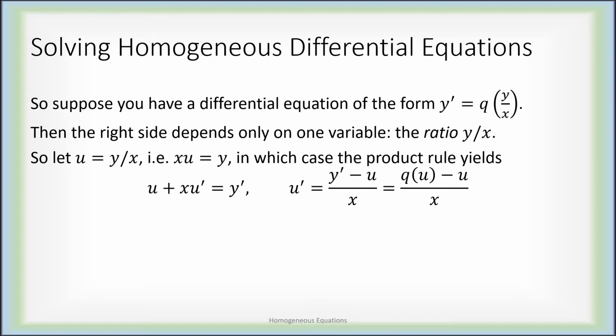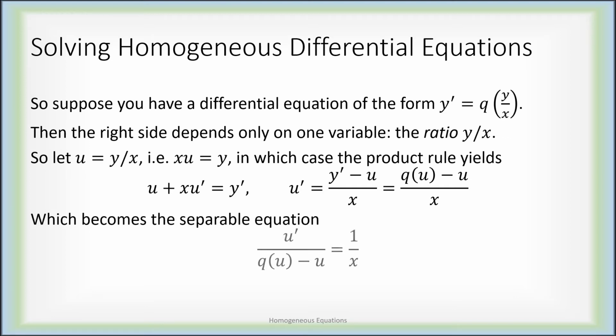Now y prime in our original setup is exactly q of u. So y prime gets replaced with q of u. So u prime is q of u minus u over x. This is now a separable differential equation. Okay, I manipulate things around and I get u prime over q of u minus u equals 1 over x.